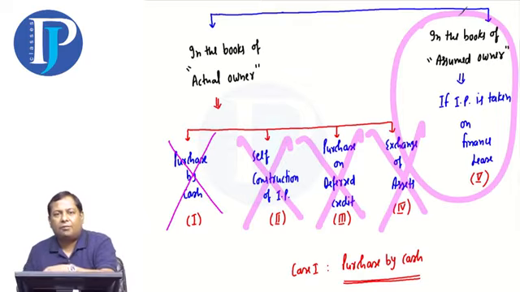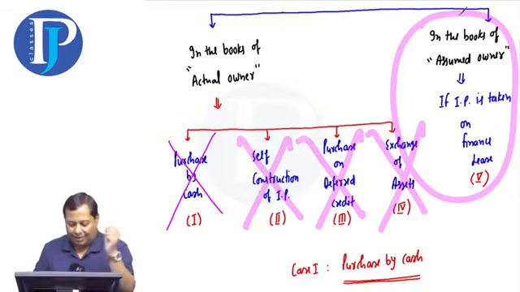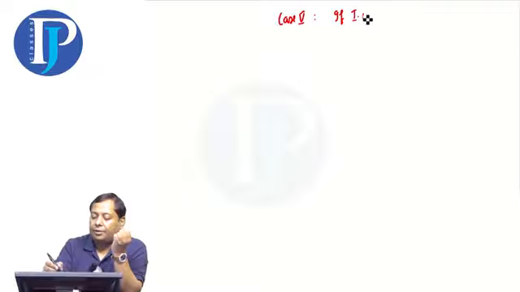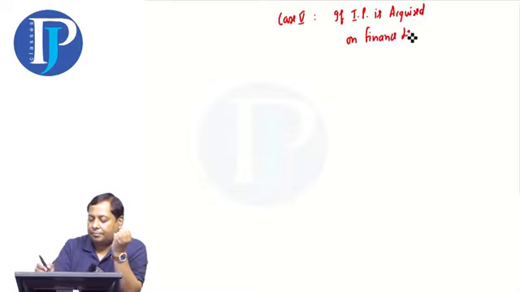So when a property is taken on a finance lease, write on a new page, case 5. So if investment property is acquired on the finance lease, we are talking about the assumed owner.